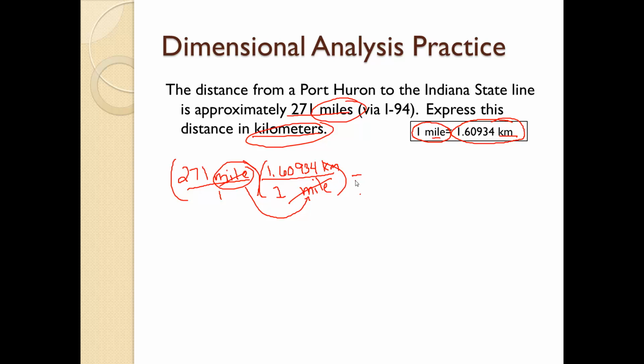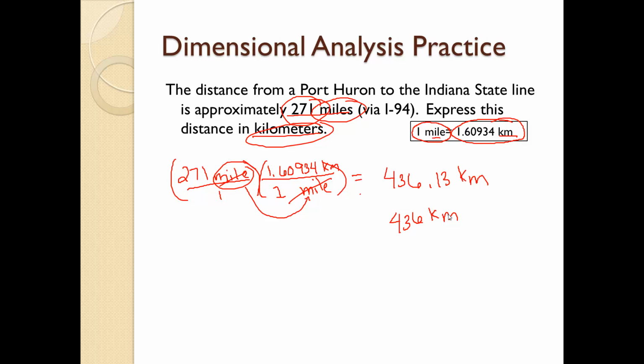And that comes out to be 436.13 kilometers. We have 3 numbers in our initial question, in our initial number, so that means we're going to have 3 significant figures in our answer. So that makes it 436.